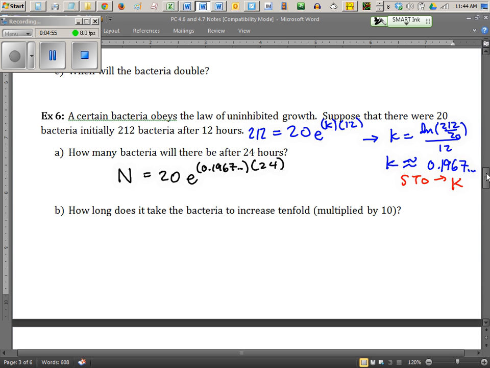And when I actually type this, I'm just going to type 20 e to the 24k. It's all super accurate. It's 2247 to the nearest bacteria. Okay?